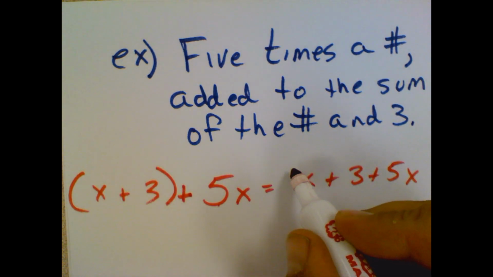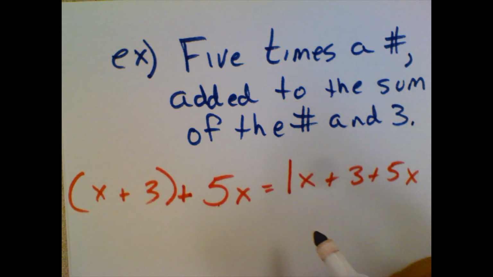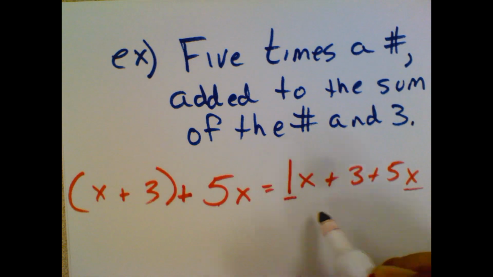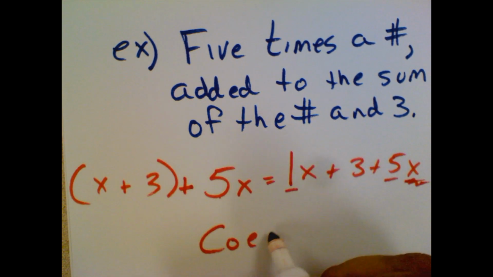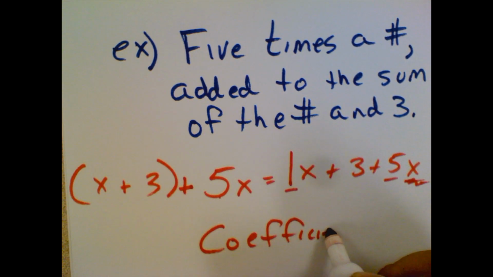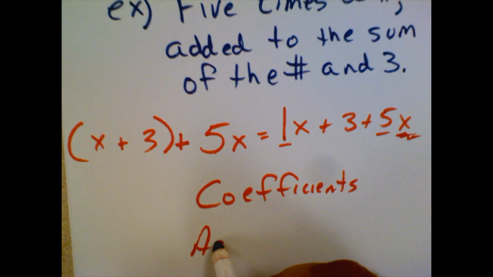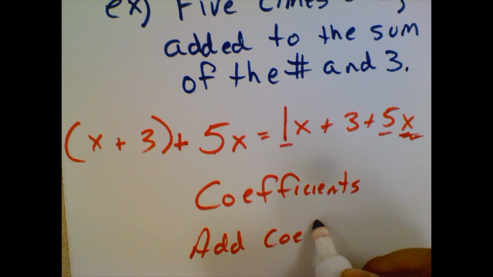Okay, and remember the coefficient, if you don't see one on an x, technically there's a 1 there. Now standard practice, we don't write the 1, but it does exist there. So the numbers in front of a variable are called coefficients. So we want to add coefficients of like terms.